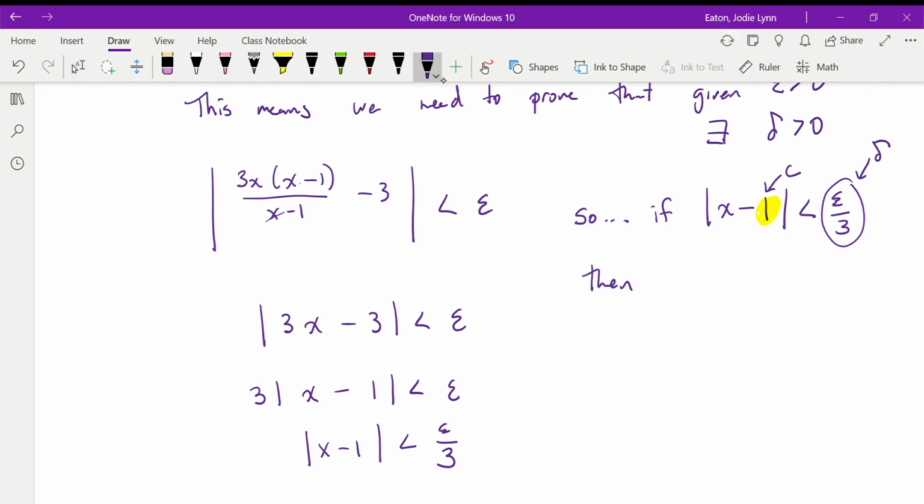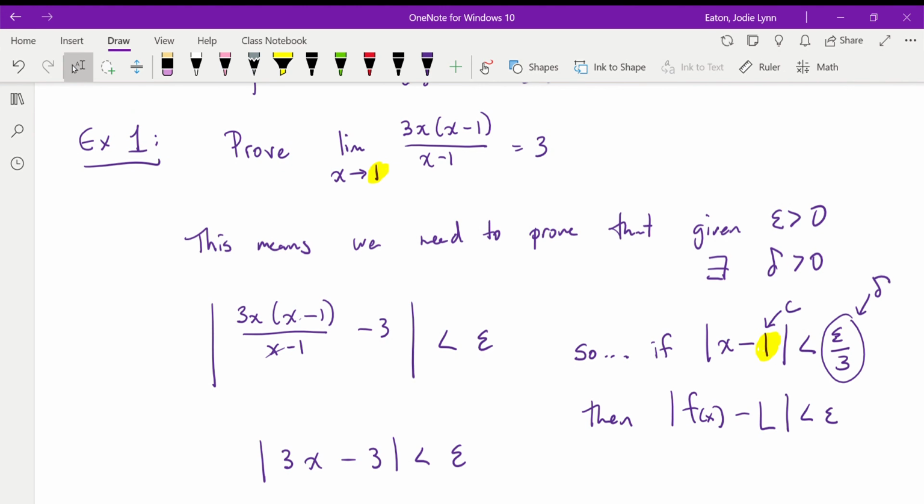Then we know that the absolute value of f of x minus L is less than epsilon. We have that this is equal to 3. As we look through the proof, that's where this 3 came from. That was our L from our definition.